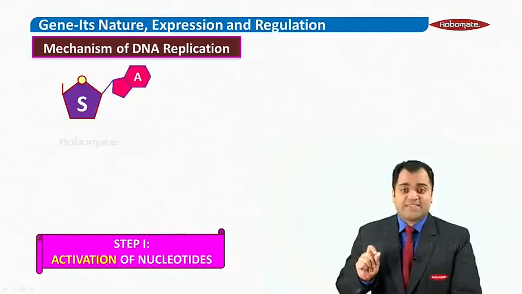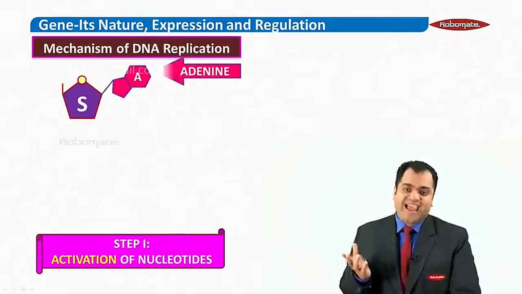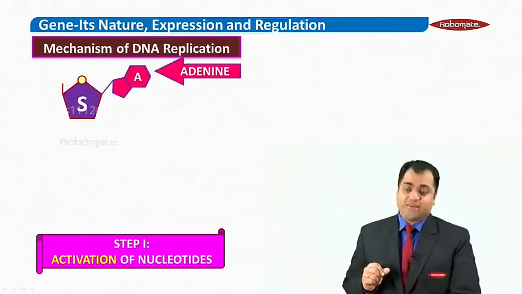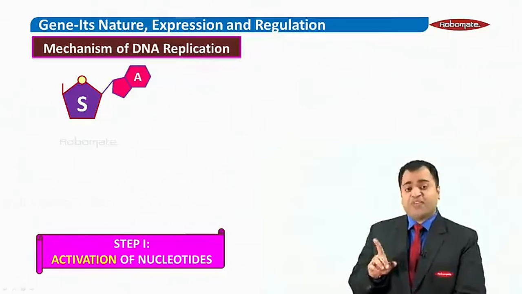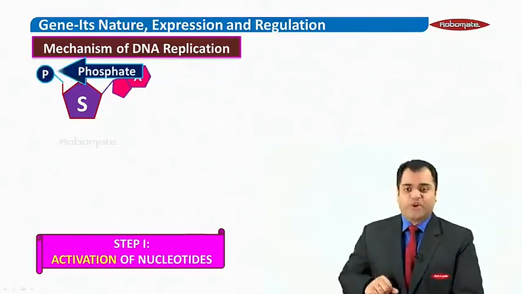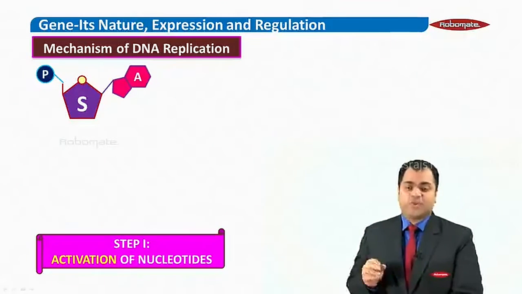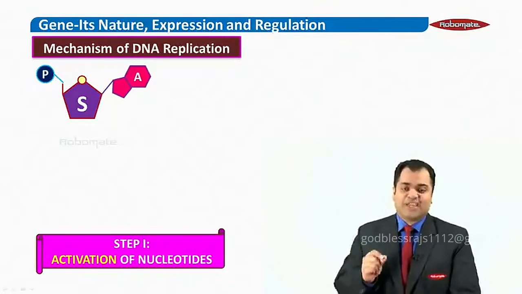What nitrogen base is this? It says A, which means it has to be adenine. Then on the fifth carbon of the same sugar, I'm going to see a phosphate group. So together these three things will make up a nucleotide.